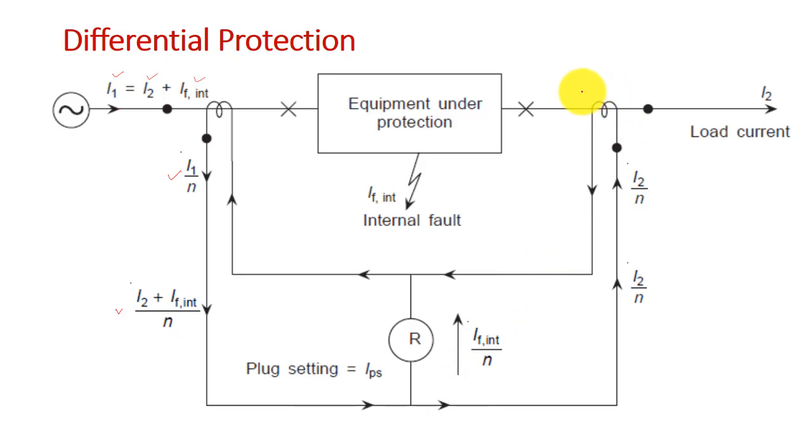On the right hand side of the equipment, the current flowing here is I2, so the current entering the CT secondary is I2 by N. Therefore, your spill current will be I1 by N minus I2 by N, which is nothing but If internal by N. If this If internal by N is greater than the current setting of the overcurrent relay, then obviously this relay will trip.